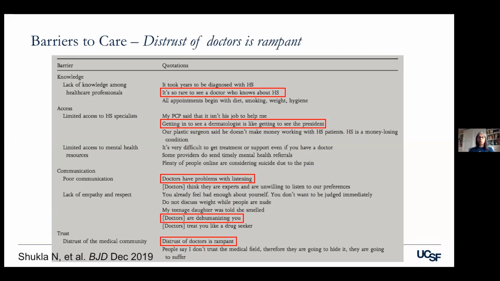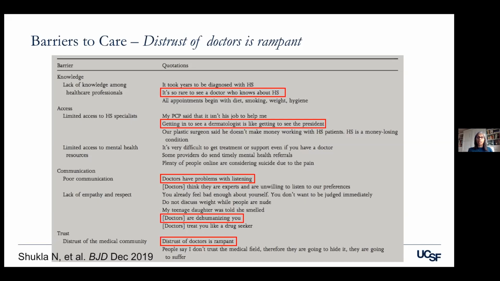As a person who spends a lot of their time thinking about HS and taking care of HS patients, this was really heartbreaking to hear and to read and compile and put out there. But I think what I want to impress upon this group is that these are not unique sentiments in this patient community.